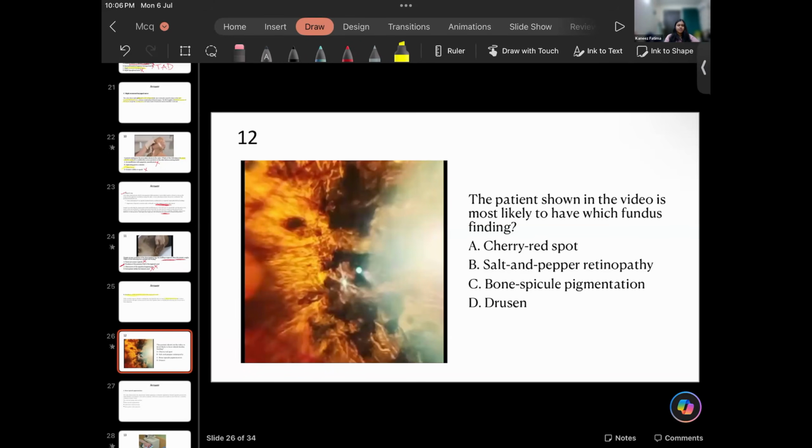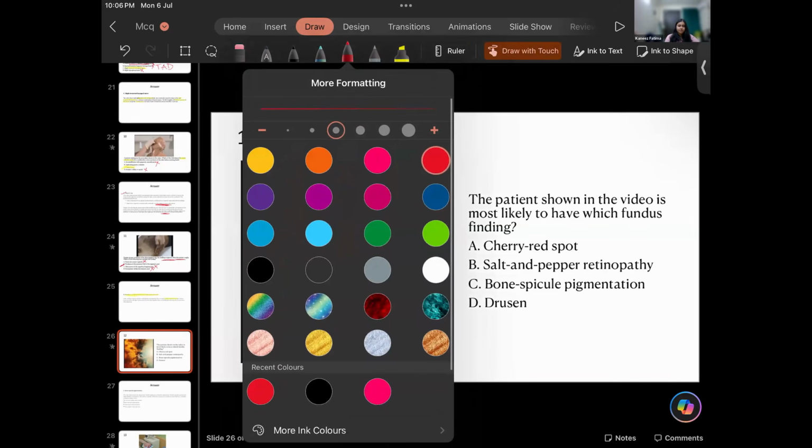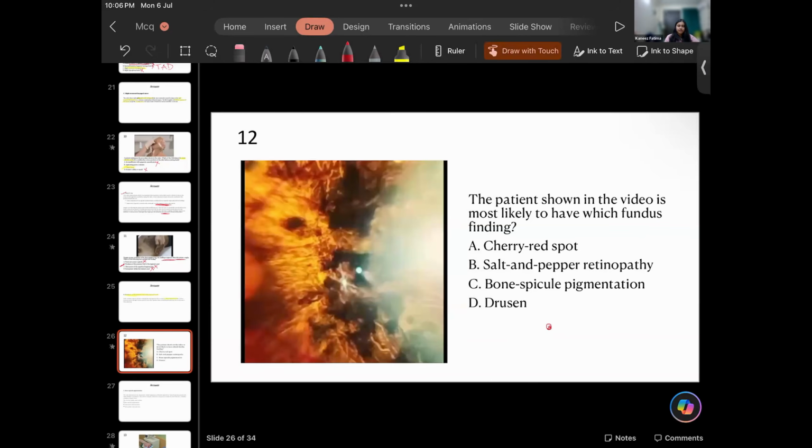Cherry red spot? No, the cherry red spot is just like a dot in the fundus. There are various causes: lysosomal storage disorder, Tay-Sachs disease, among other causes.